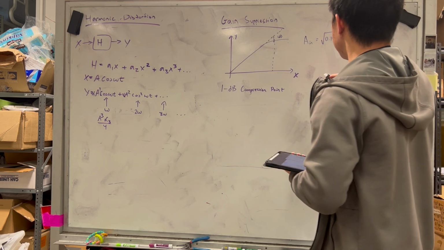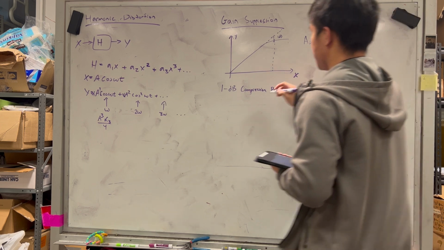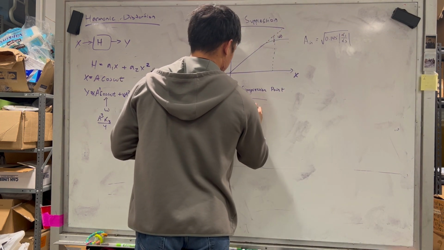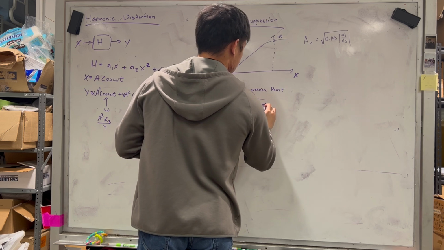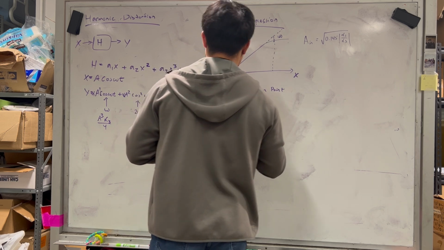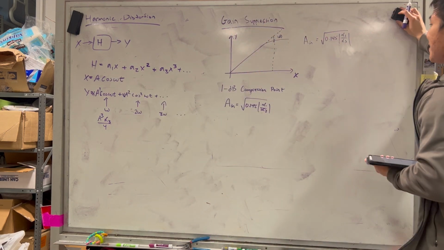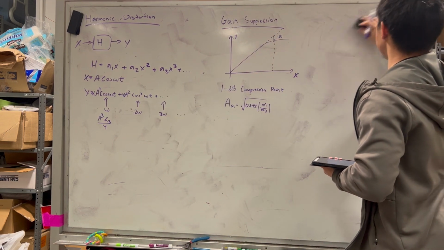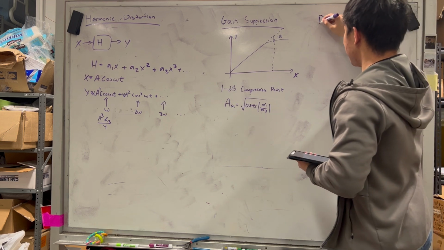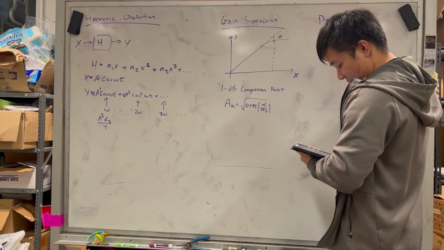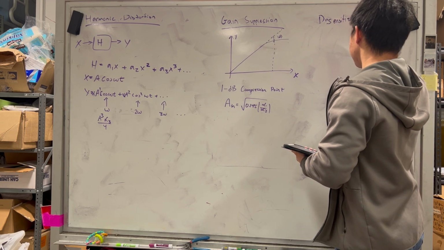So there's another phenomenon called, I should have written this here so I can have more room to work with. Every single time I write alpha, I mean these variables. I'm just going to use them interchangeably. But since we talked about gain suppression, there's also the concept of desensitization.